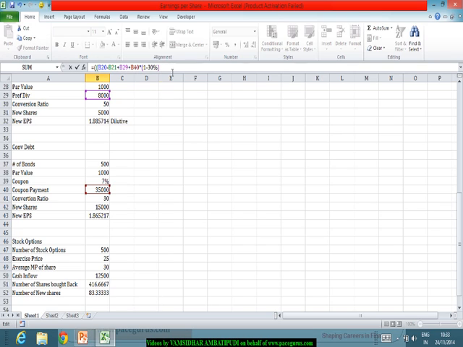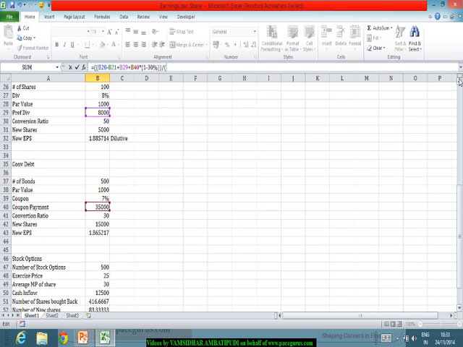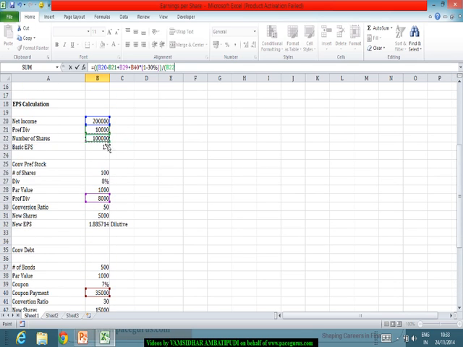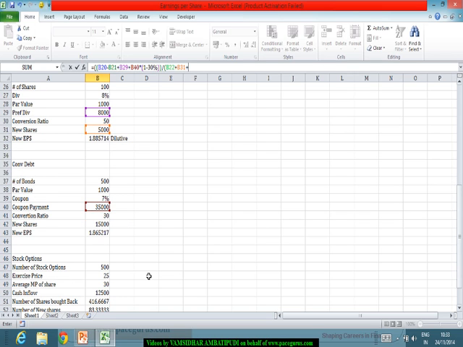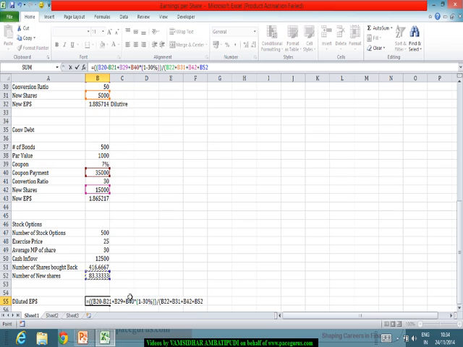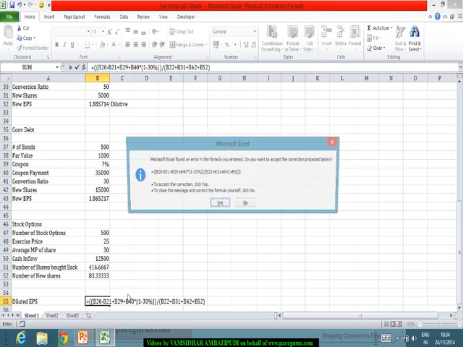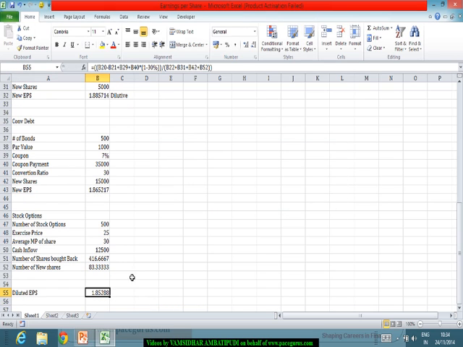So the numerator, the adjusted net income, is that particular number, and in the denominator, initially there were these many shares, but then we had 5,000 new shares because of the convertible preference stock, 15,000 new shares because of the convertible bond, and around 83 new shares because of the stock options. So overall the diluted EPS comes to somewhere around 1.85.